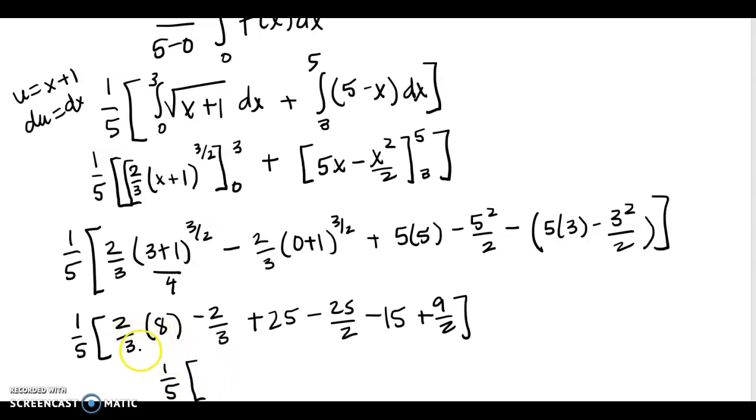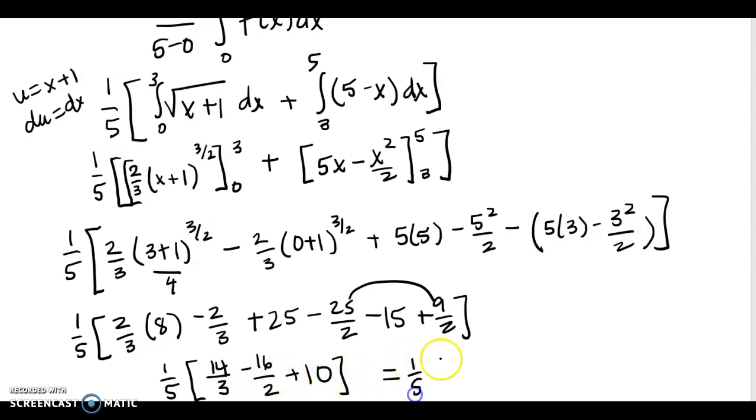We have 16/3 here, minus 2/3, that's 14/3. Minus 25/2 plus 9/2 would be minus 16/2. And plus 25 minus 15 is just plus 10. So this is minus 8 plus 10 would be 2.